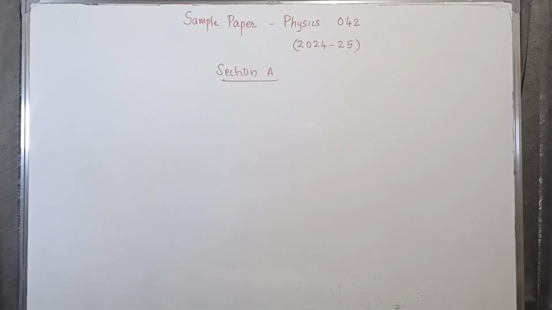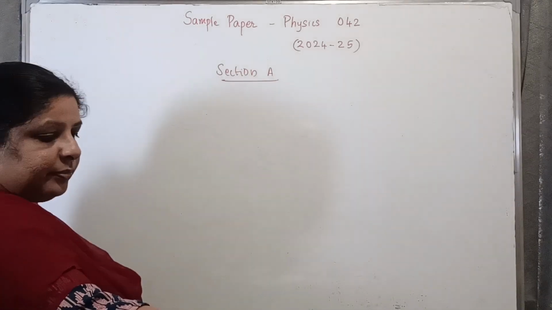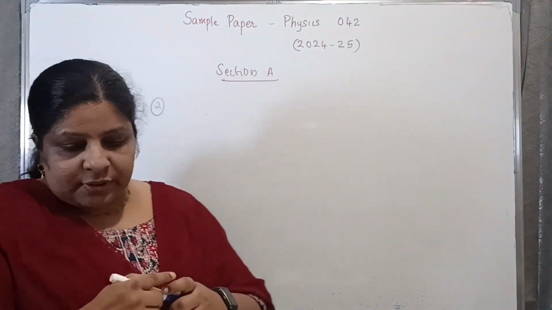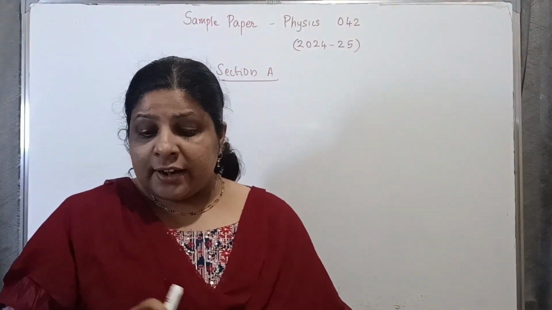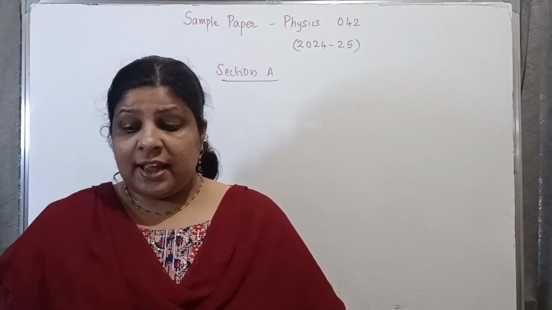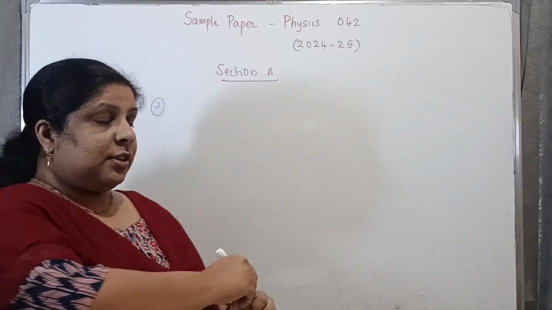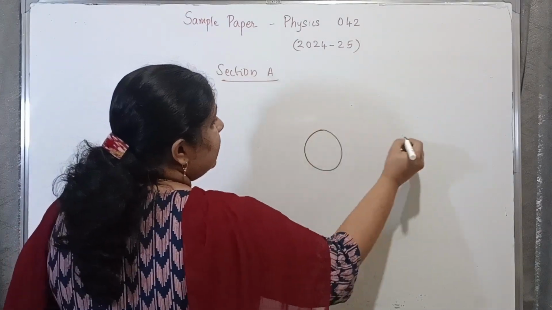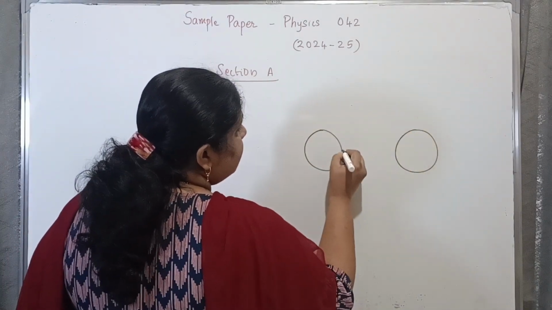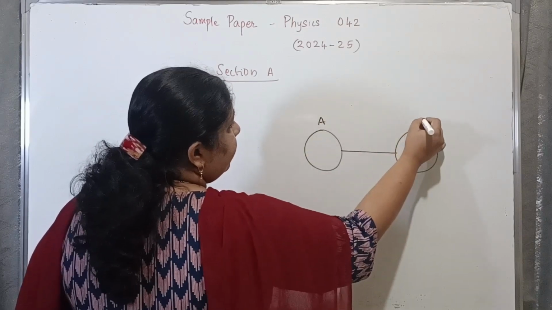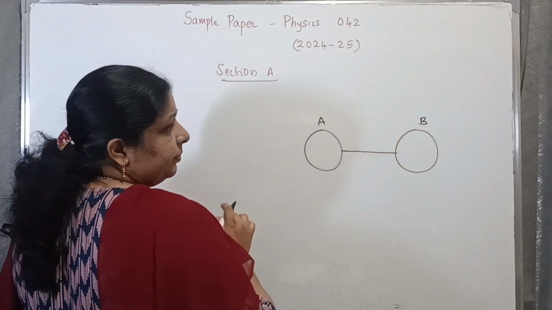So coming to the second question. It is given, a conducting wire connects two charged conducting spheres such that they attain equilibrium with respect to each other. So there are two charged spheres, connected by a wire.